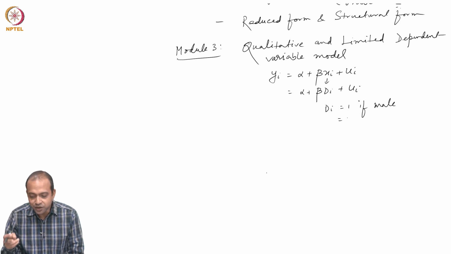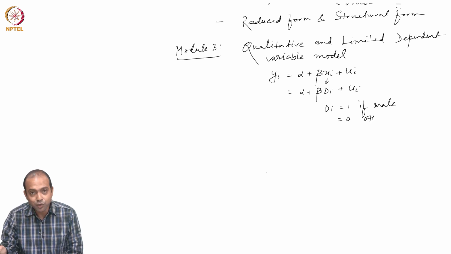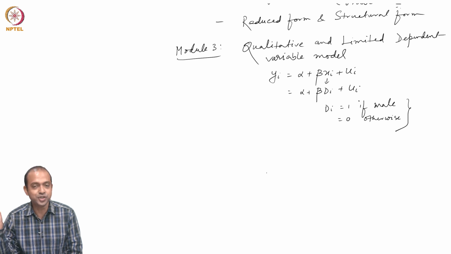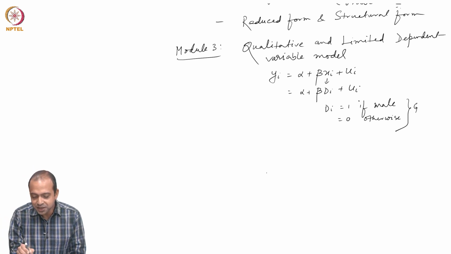Then how do I quantify? I quantify my qualitative information on gender in this way. I have defined di equals 1 if male, 0 otherwise. So, that means we have discussed a case where there is a dummy independent variable.